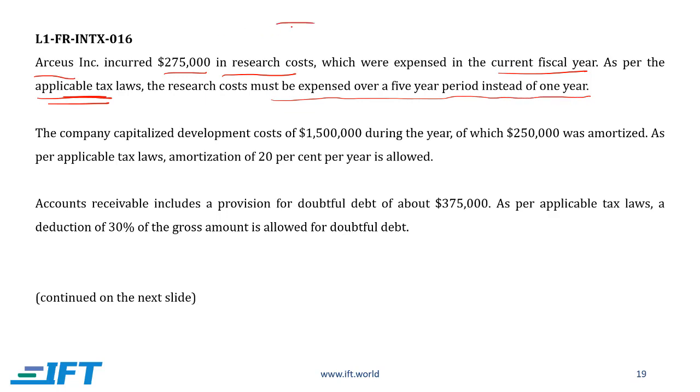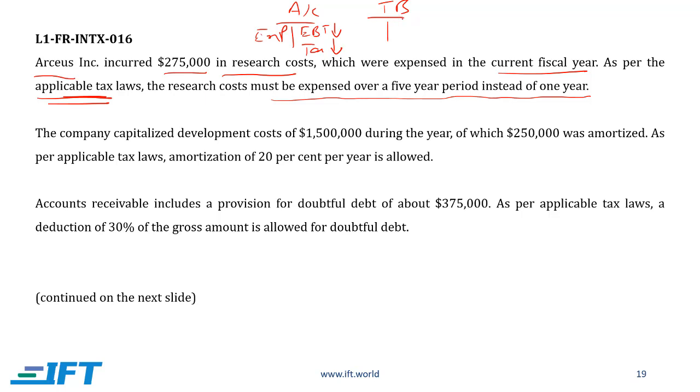Again, we have an accounting book, and over here we have a tax book. So in the accounting book, what are we doing? Expensing. Immediately expense. So if we expense this, what is going to happen to our profitability? EBT will go down, taxes will go down.